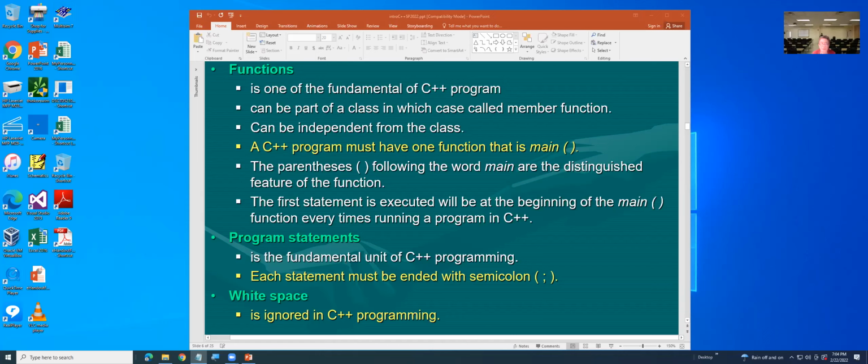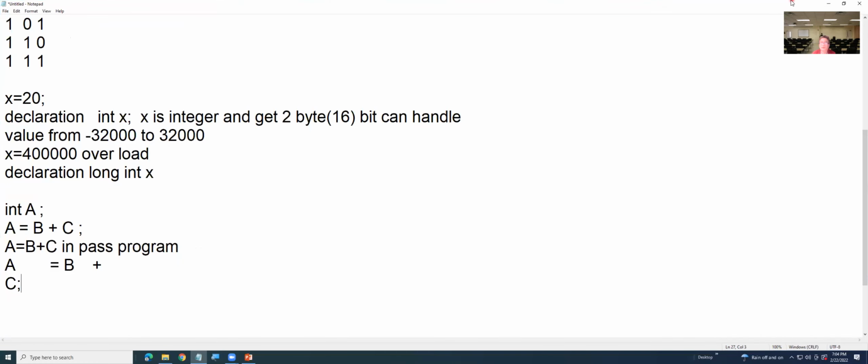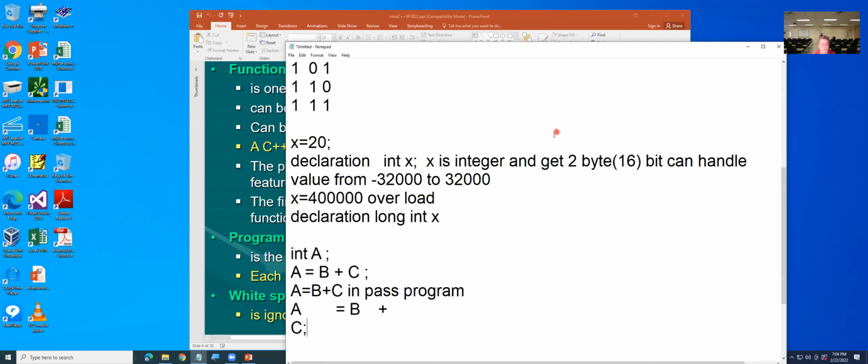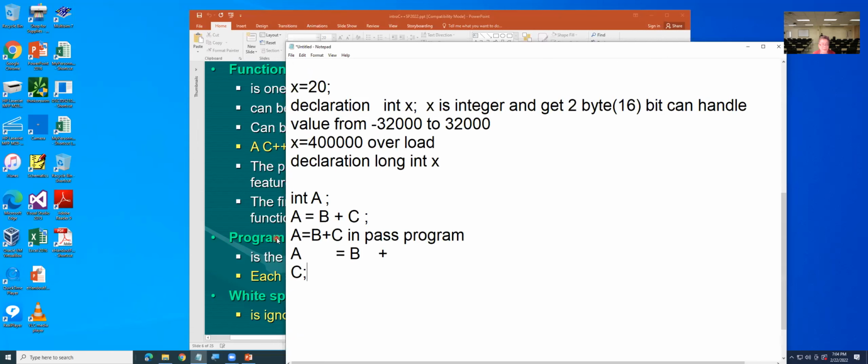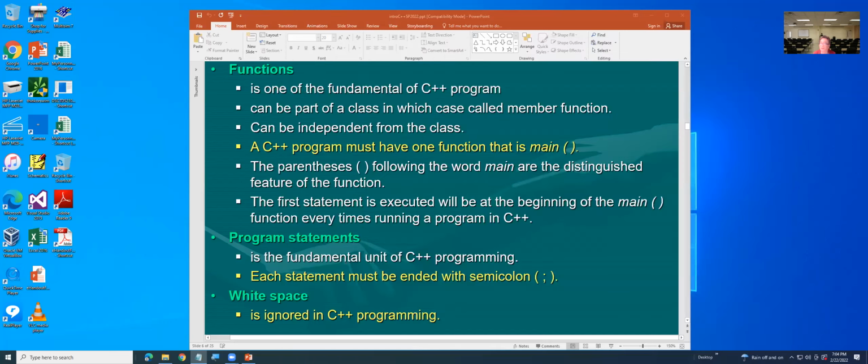That's what I showed you right here. You see that? A equal B. And you can skip the space. You can go to the next line, that would be fine. However, the end must be a semicolon. If you don't have a semicolon, you get an error.